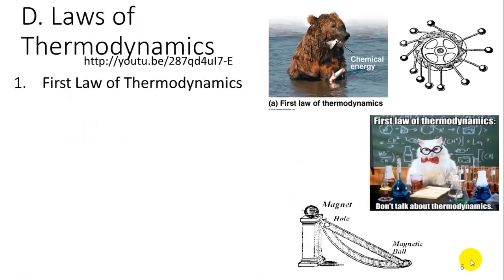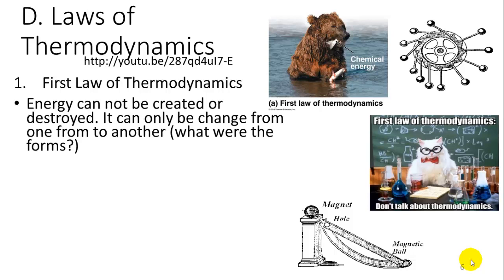So these reactions within a cell all fall subject to certain laws which are universal. The first law of thermodynamics is that energy cannot be created or destroyed. It can only be changed from one form to another. If you remember, we talked about the different forms, including light, sound, heat, electricity, and so forth.